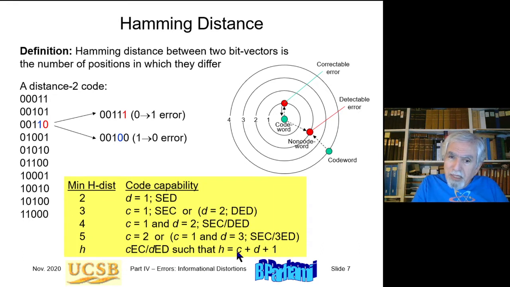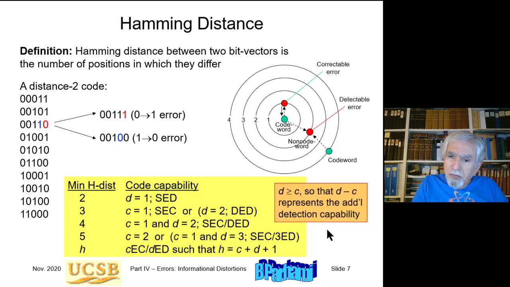Okay, single error correcting, triple error detecting, 1 plus 3 plus 1 requires a distance of 5. So this is a useful formula to know. Of course, D must be greater than or equal to C. It doesn't make sense to say single error detecting and double error correcting. That doesn't make sense.